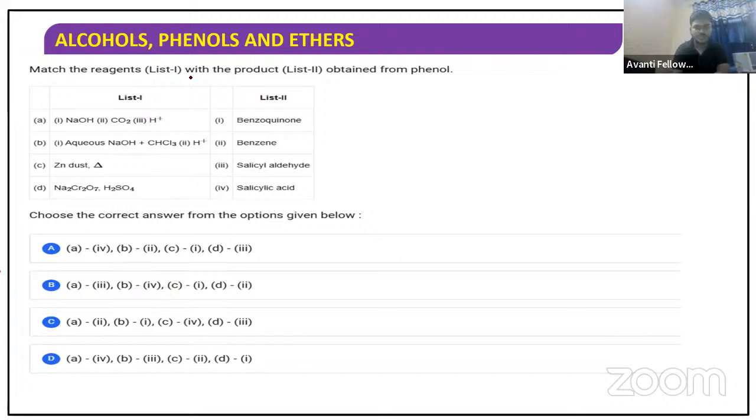Now, when we treat phenol with NaOH, CO2 and H plus, right? So this is phenol, and when we treat phenol with NaOH and CO2 and H plus, what will you get? Benzoquinone, benzene, salicylaldehyde, salicylic acid?